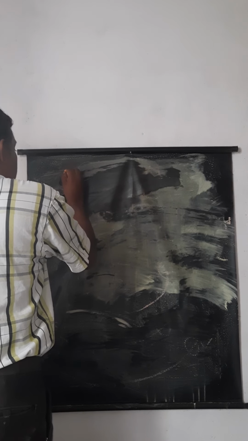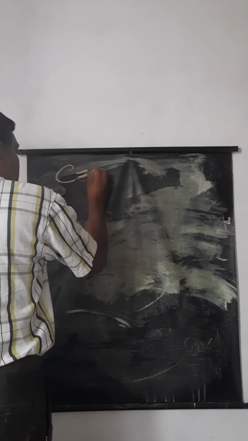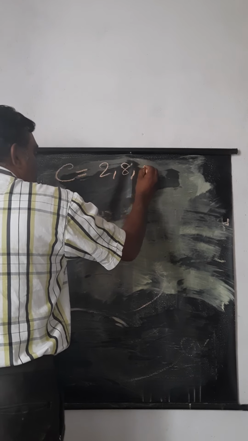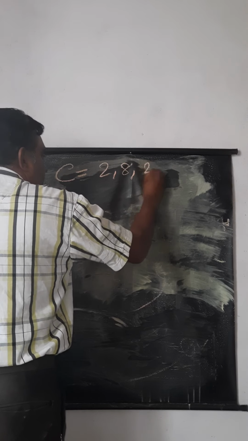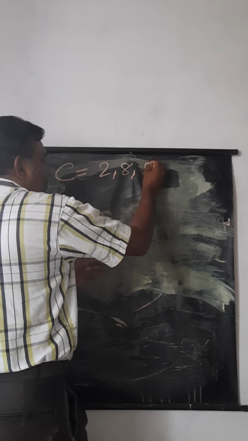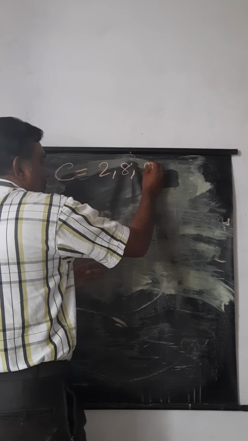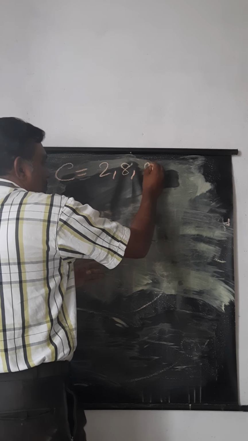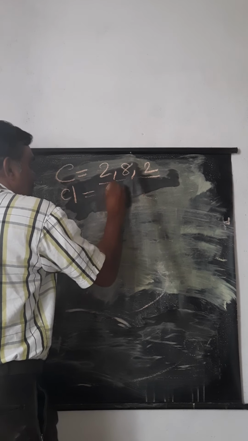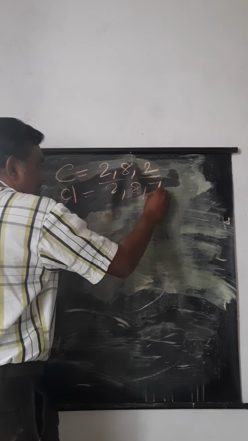Now, what is the electronic configuration of carbon? The electronic configuration of carbon is 2, 8, 2, and chlorine is 2, 8, 7.